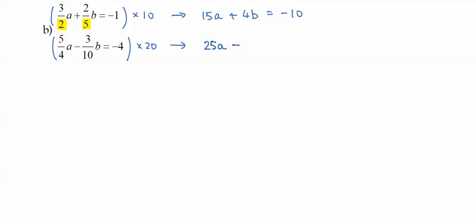For the middle term, I have 10 in the denominator, and as I times it by 20, the leftover will now be 2 times. This is what we will end up with.